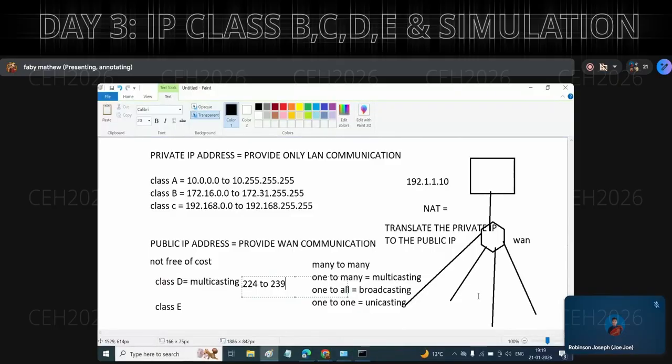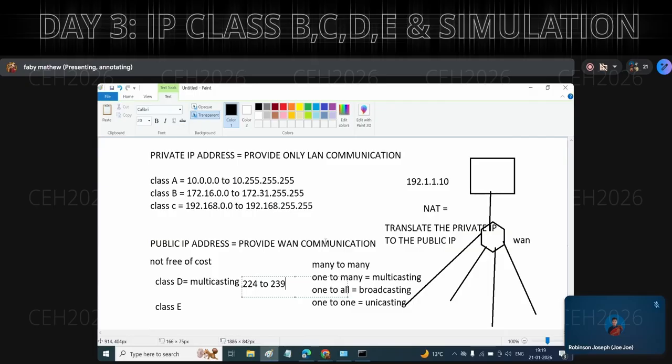So how does multicasting actually happen? These addresses are actually used by some protocols. And when we use those protocols with the help of some device, then automatically it provides the multicasting feature.